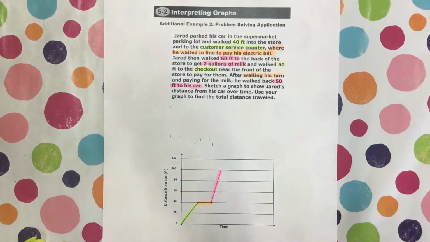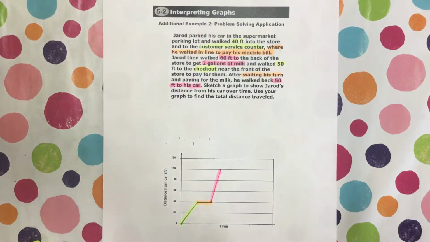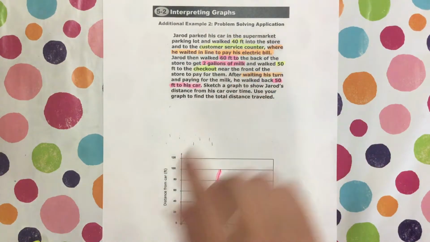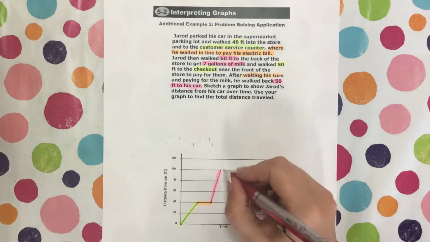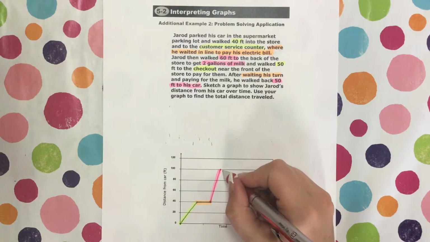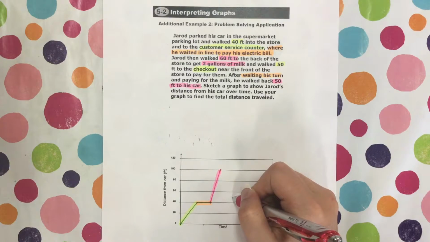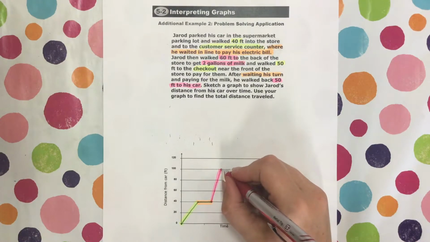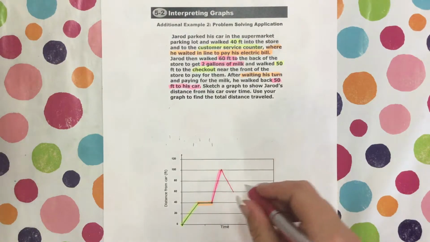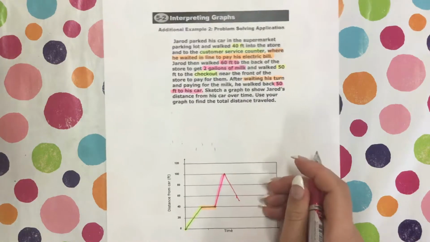Now, after he got the milk, he walked 50 feet to the checkout. So right after he gets his milk, he's turning and going 50 feet to the checkout. This is 20, 40, and 50 would be halfway of that, right there.